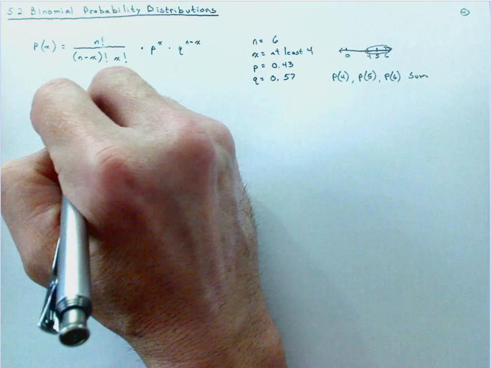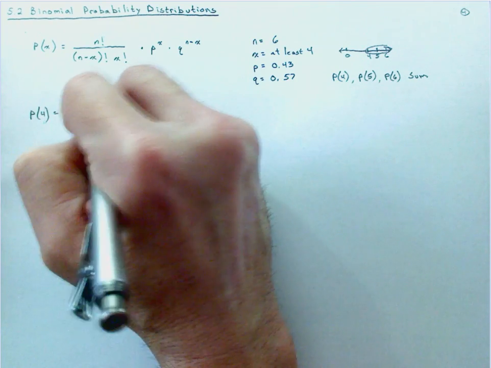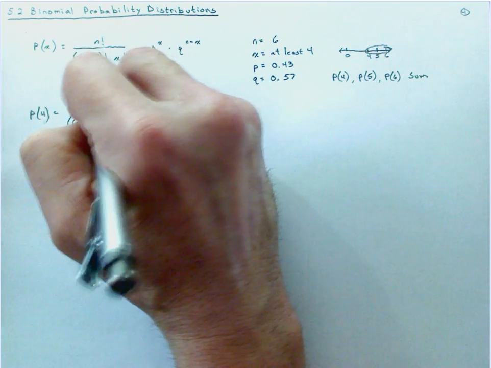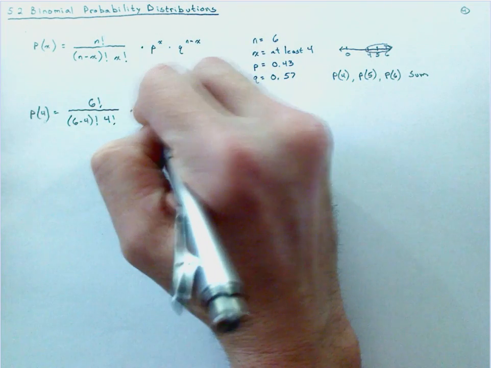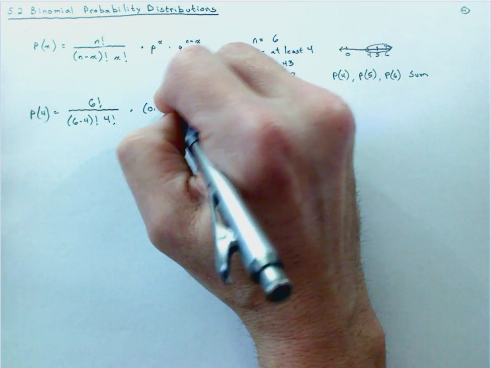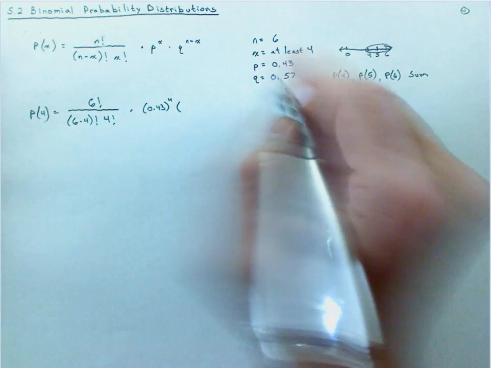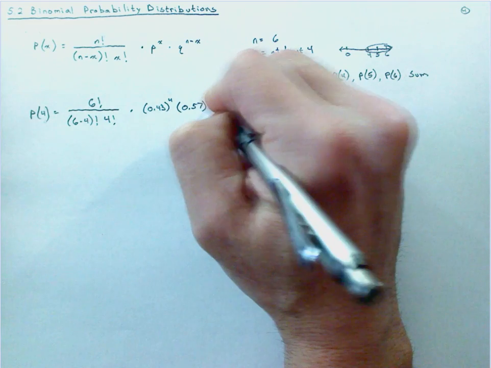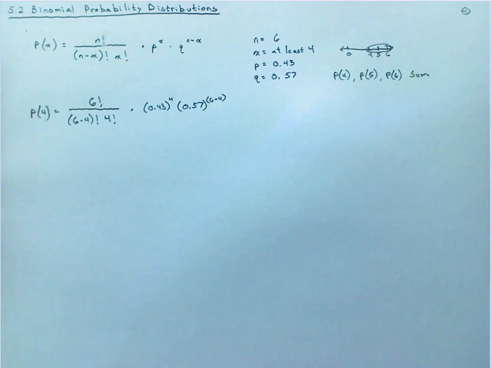What I have is 6 factorial over 6 minus 4 factorial times 4 factorial, times P, 0.43 to the 4th, times Q, 0.57 to the 6 minus 4. As a refresher, I'll write out the factorial to illustrate it.